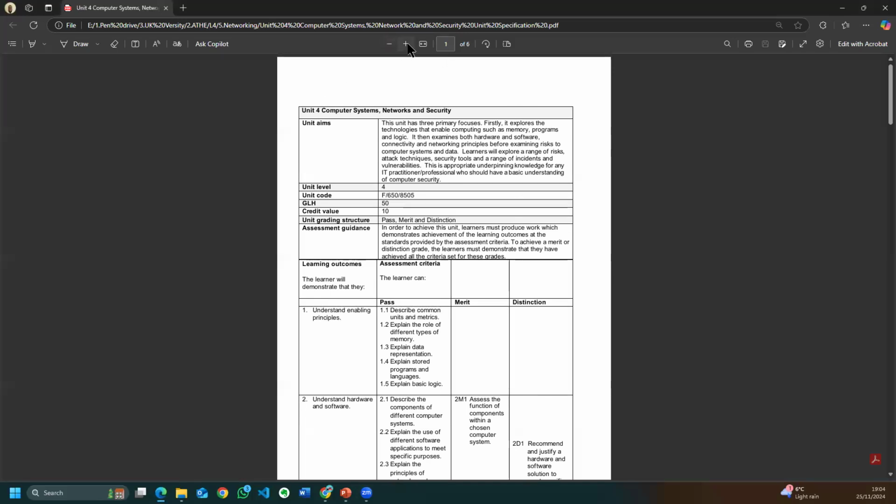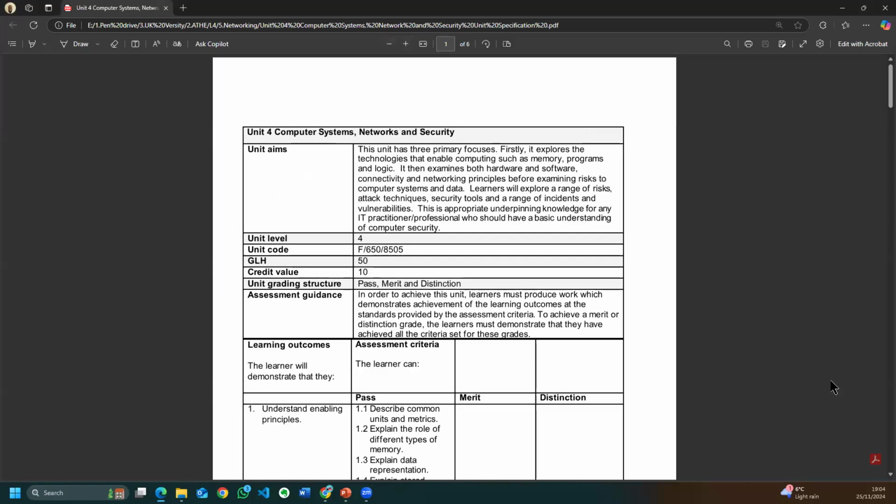So today we are starting a new unit, which is our unit regarding computer systems, networks and security. This unit has three primary focuses. Firstly, we're going to explore the technologies that enable computers, such as memory, programs, and the logic.